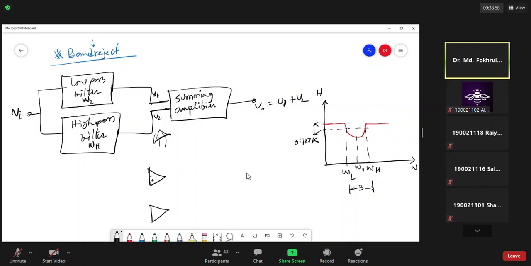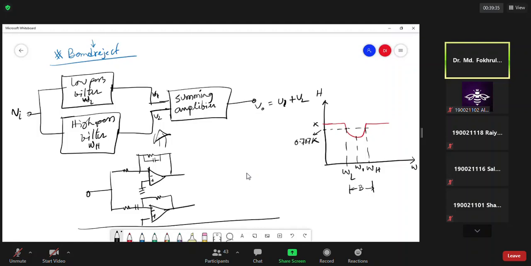So you will have a low pass, which is a resistor and capacitor, and the high pass. Then you combine these two and provide the input. We have the minus, plus, and the ground.